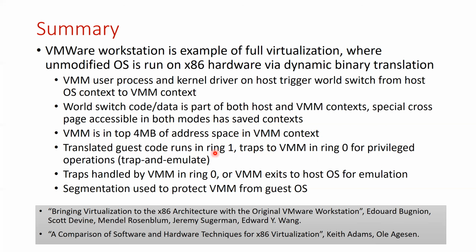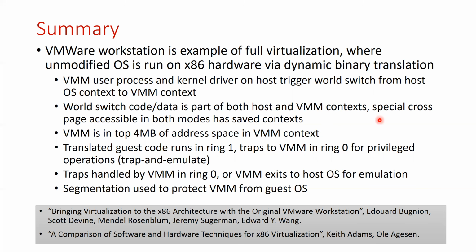So the guest OS code in ring 1 traps to the VMM in ring 0 using the trap and emulate method. And this VMM stub that is running in the guest context can perform a world switch back into the host OS context if needed and come back to this kernel driver and user process.